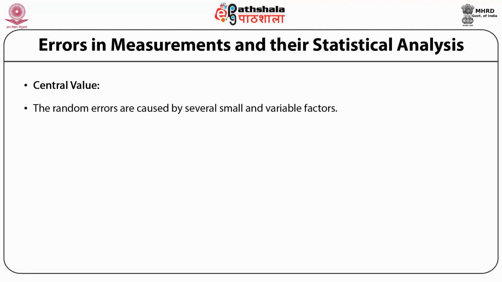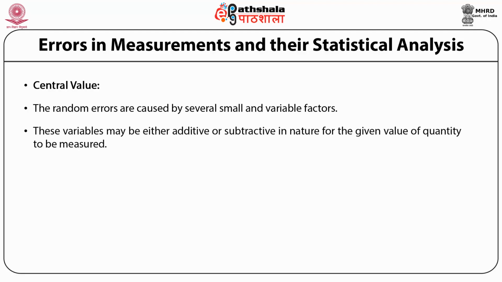The random errors are caused by several small and variable factors. These variables may be either additive or subtractive in nature for the given value of quantity to be measured.